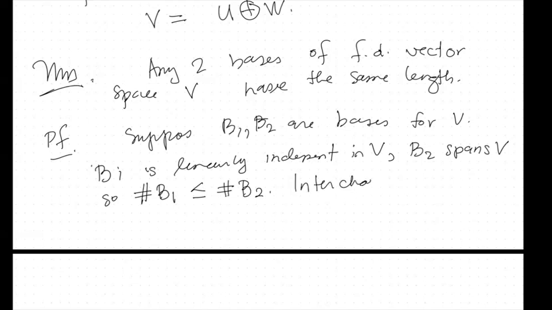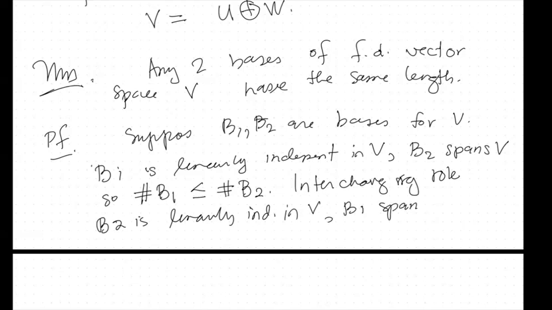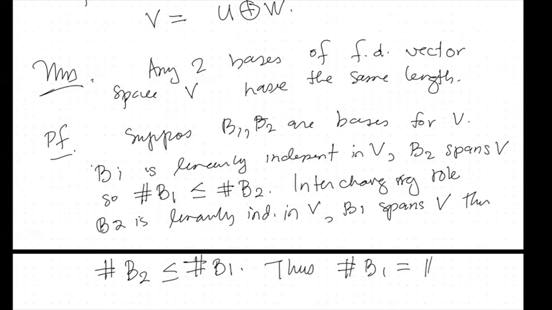Interchanging roles, we have B2 is also linearly independent in V, and B1 spans V. Thus, the cardinality or the length of B1 is equal to the cardinality of B2.